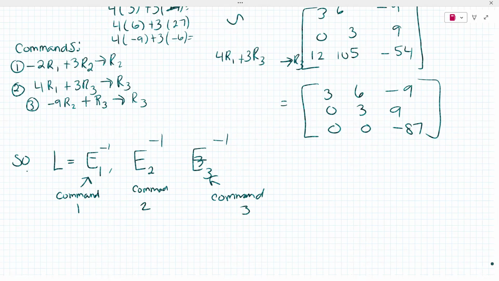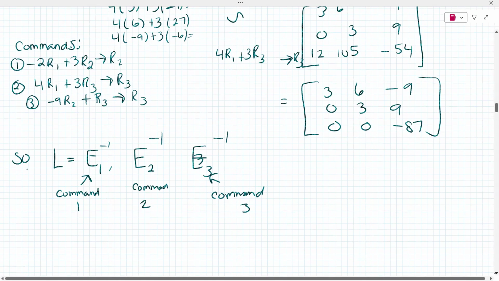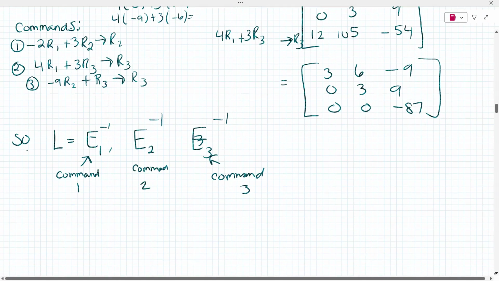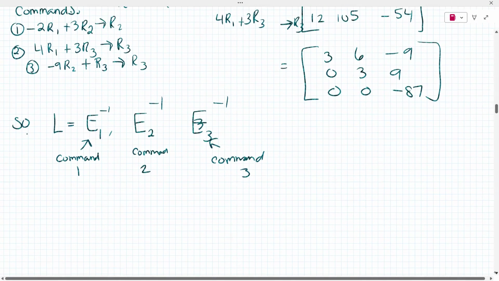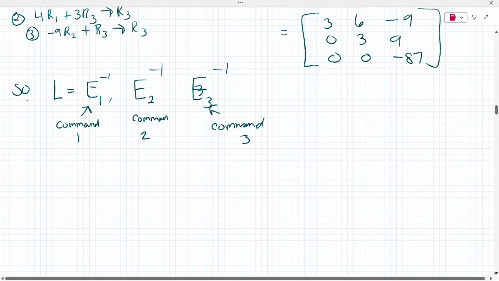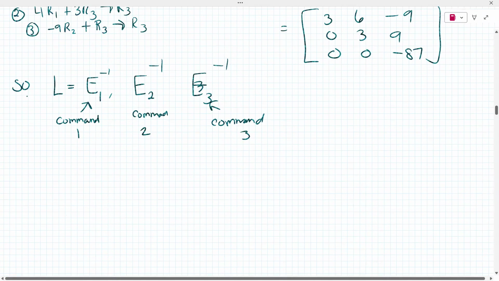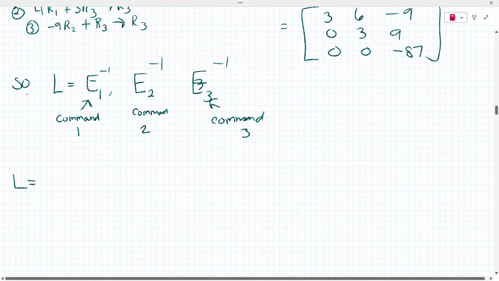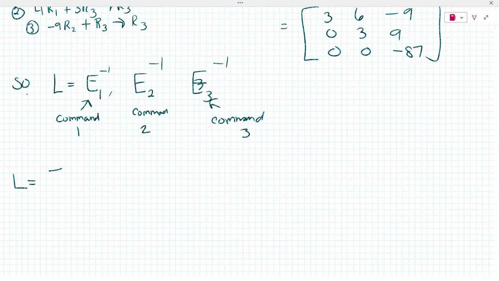So L equals E1 inverse, E2 inverse, E3 inverse.